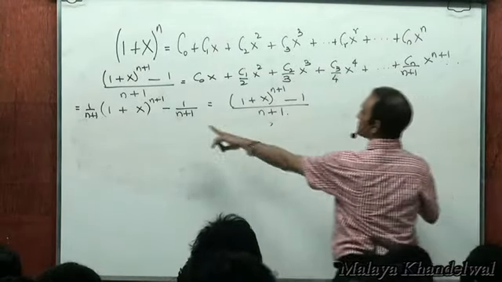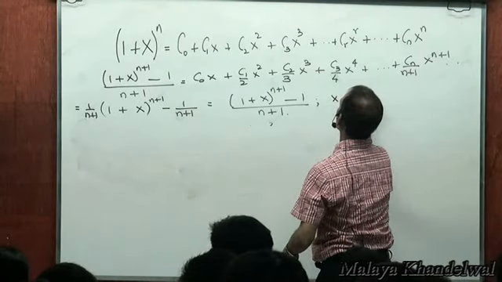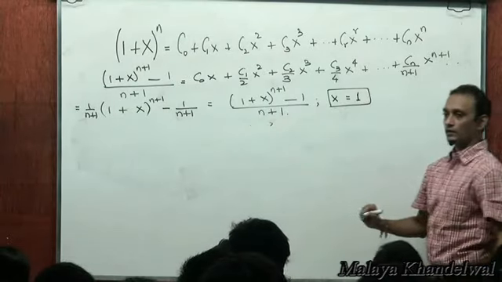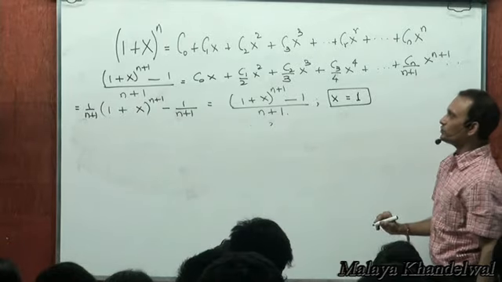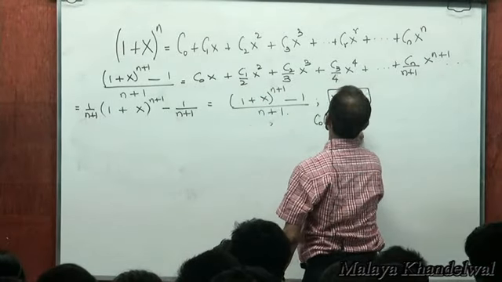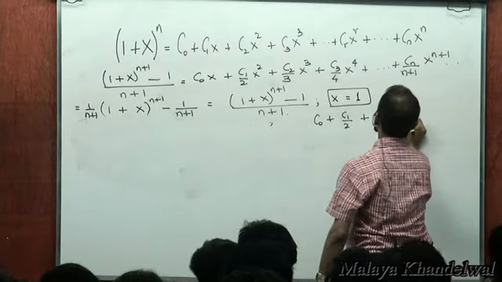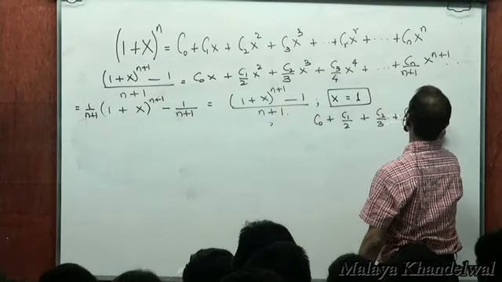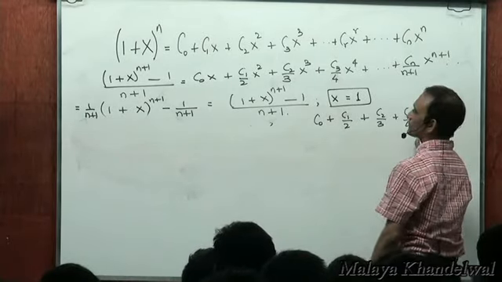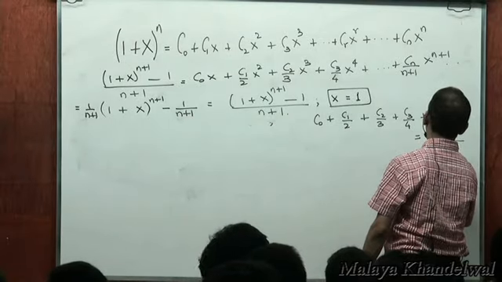If in this you plug in x equal to 1, you get c naught plus c1 by 2 plus c2 by 3 plus c3 by 4, up to cn by n plus 1, is 2 to the power n plus 1 minus 1 by n plus 1.